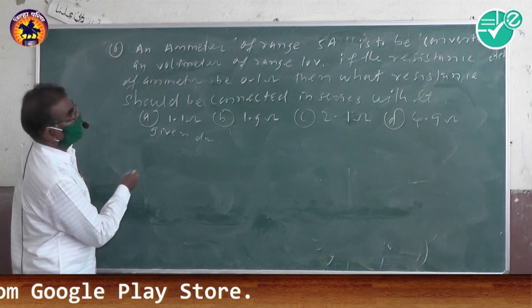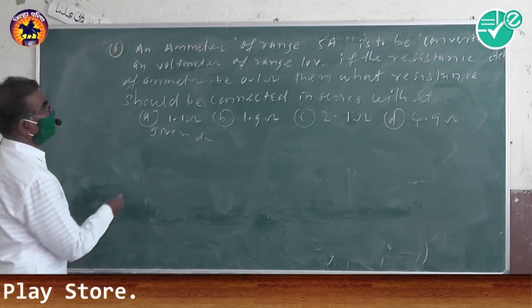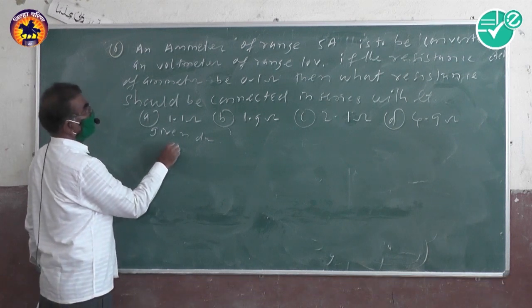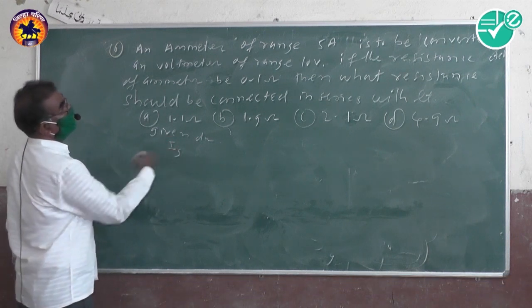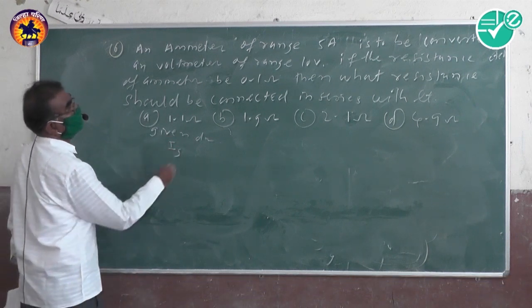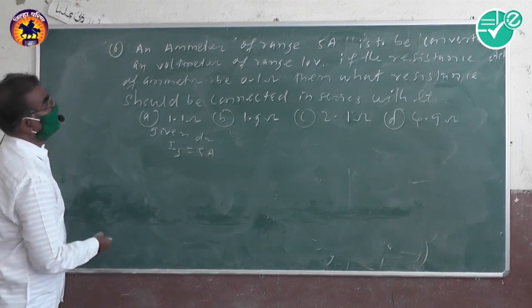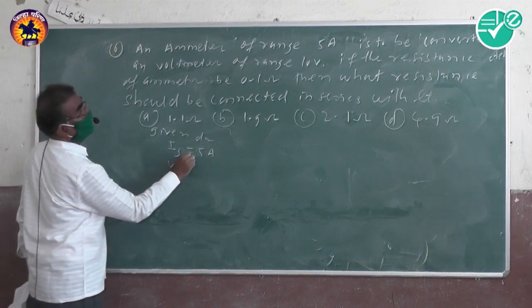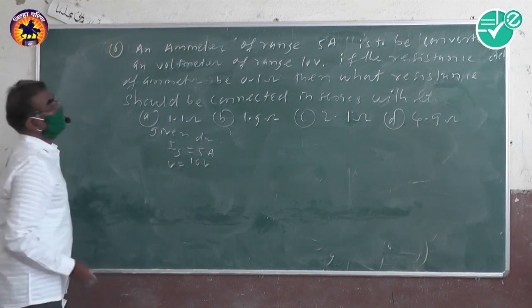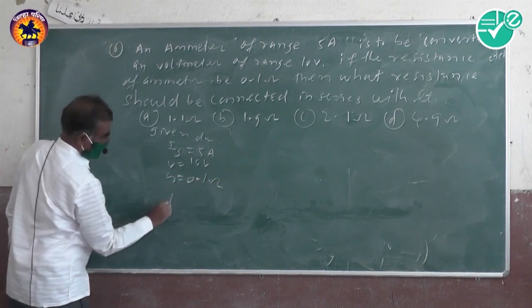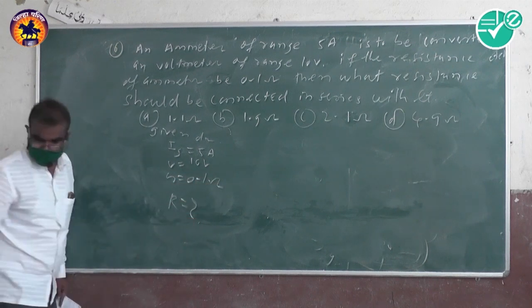Given data, that is ammeter range 5 ampere, that is Ig equal to 5 ampere, then V is 10 volt, G is 0.1 ohm, R equal to what?